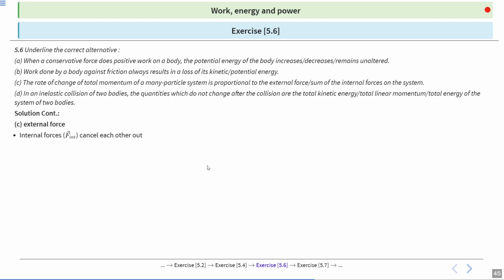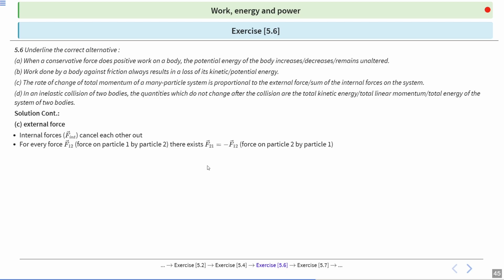Here internal forces cancel each other out. So for every force on the first particle due to the second, there exists F21 equal to minus F12. Here F21 means force on the second particle due to the first particle, and F12 means force on the first particle due to the second particle.